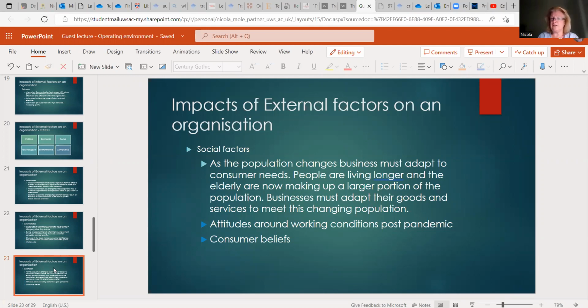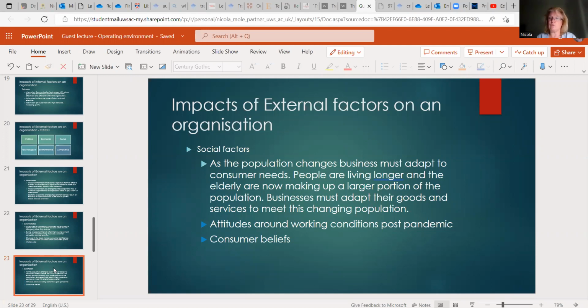There are different attitudes around working conditions post-pandemic. All right, so depending on where you lived and which business or organisation you worked for, you may have been working at home for the pandemic. I know we teachers taught online for most of the pandemic and lockdown, and you will find that now people are expecting to not go to the office all the time to work.